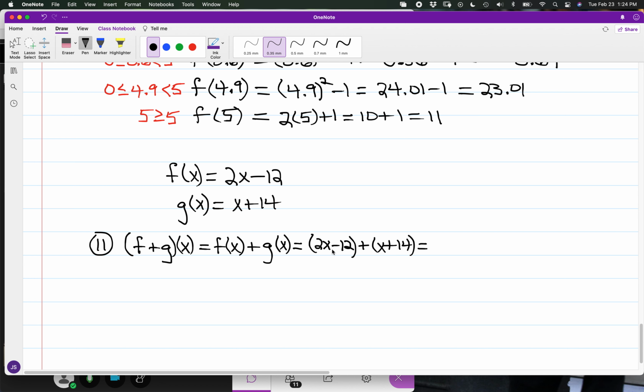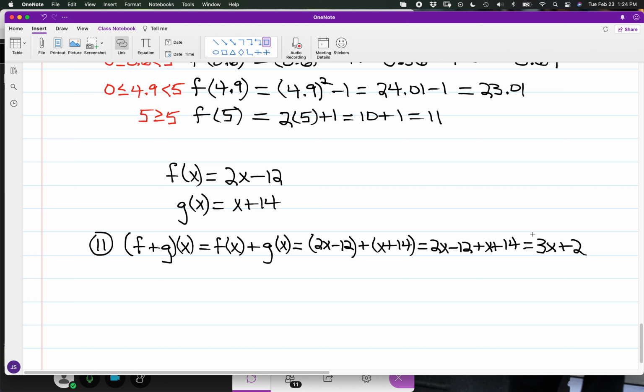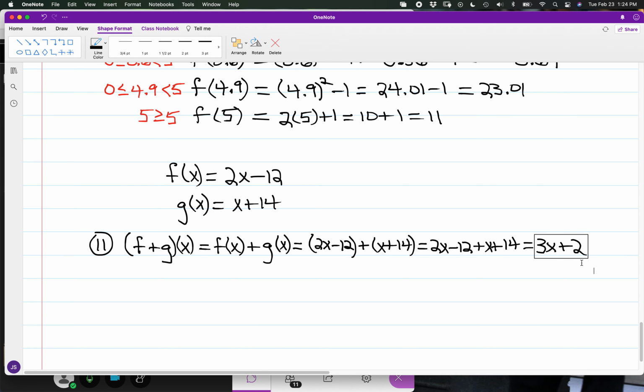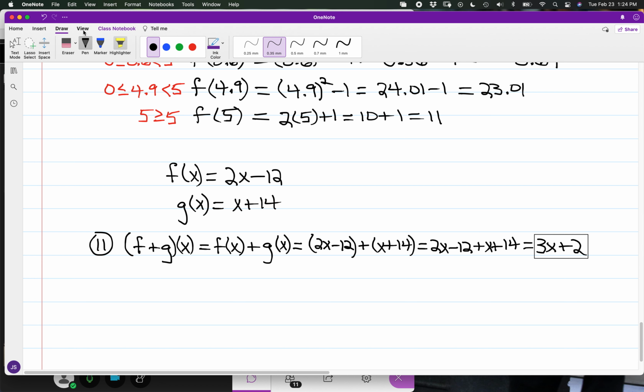Looking at combining, you have 2x minus 12 plus x plus 14. Gathering like terms together, 2x plus x makes 3x, and negative 12 plus 14 makes plus 2. So for the sum of f of x and g of x, we have 3x plus 2, and we'll get into the domain shortly.